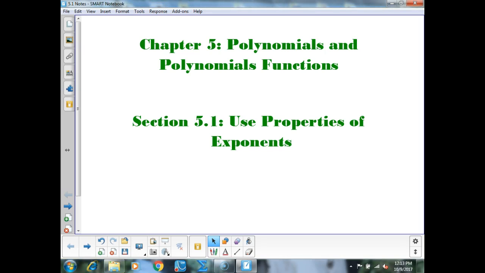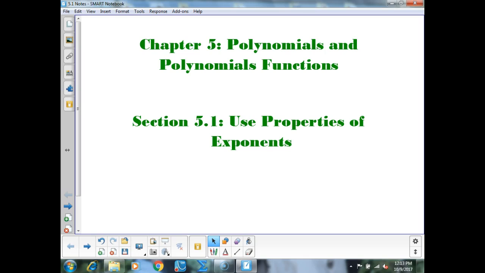Ready? So, chapter 5 deals with polynomials and polynomial functions and solving them for zeros and finding rational zeros and using some division and factoring and a bunch of great math. Love this stuff. But it also starts with a refresher on your exponent properties.